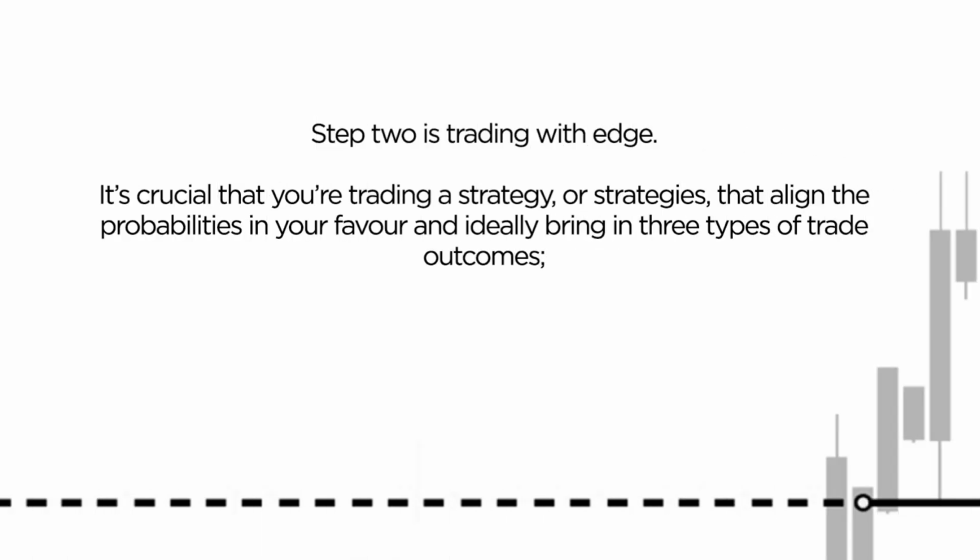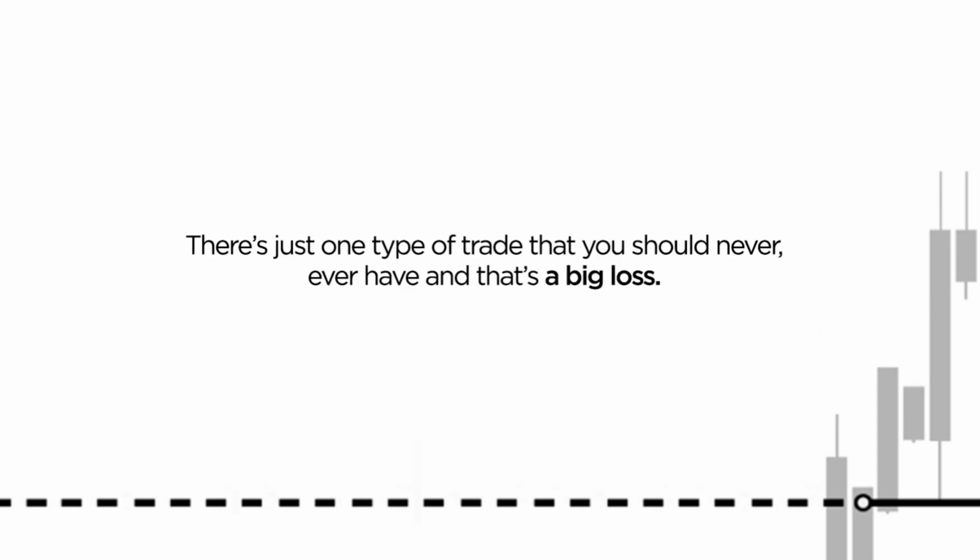Now, step two is trading with edge. And what I mean by this is, it's crucial that you're trading a strategy or strategies that align the probabilities in your favor, and ideally bring in 3 types of trade outcomes. So small losses, small wins, and big wins. There's just one type of trade that you should never ever have, and that is a big loss.